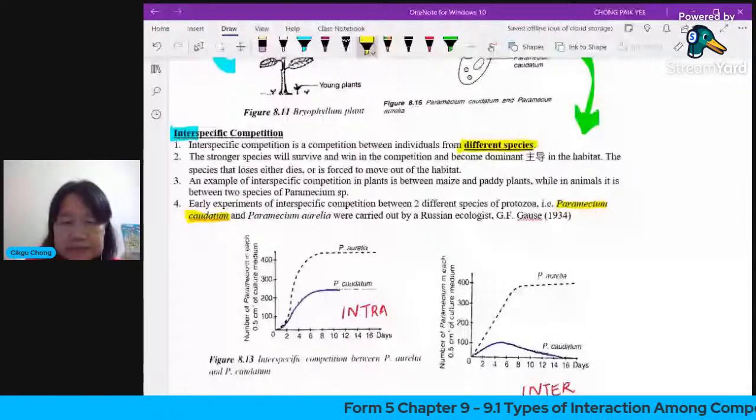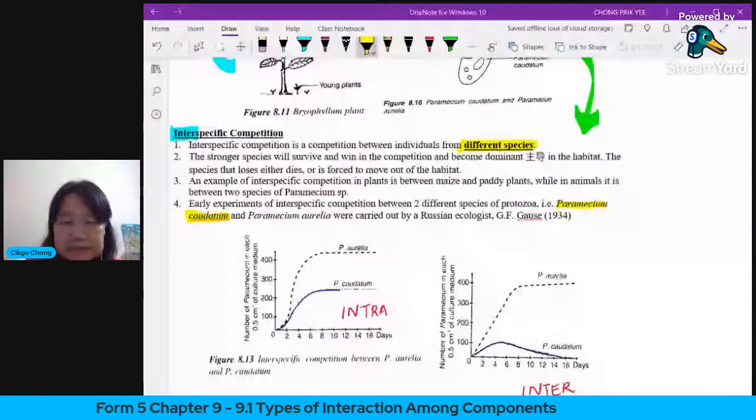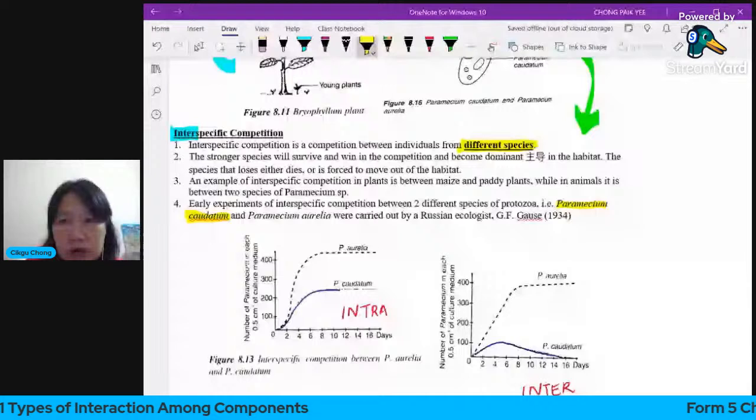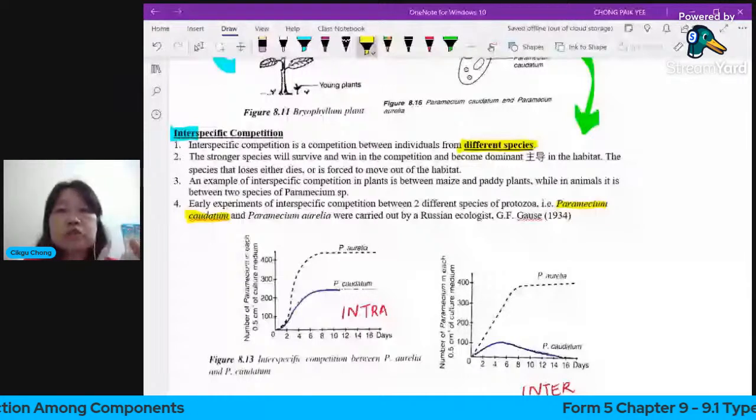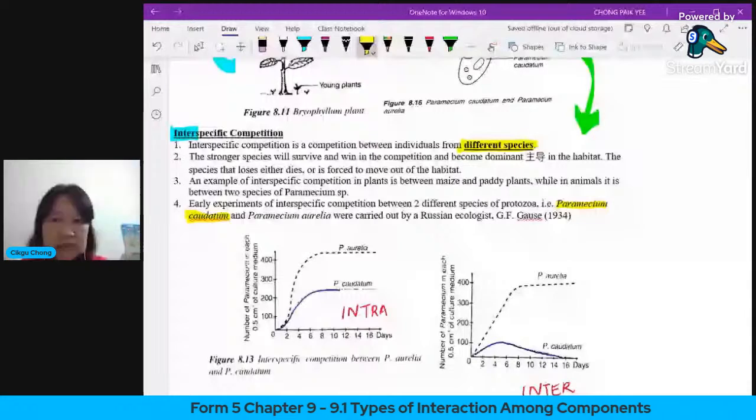You have the same medium. What you do here is you grow your Paramecium aurelia and Paramecium caudatum together at the same place. So they're actually competing among themselves, and because they're different species, it's called interspecific competition.